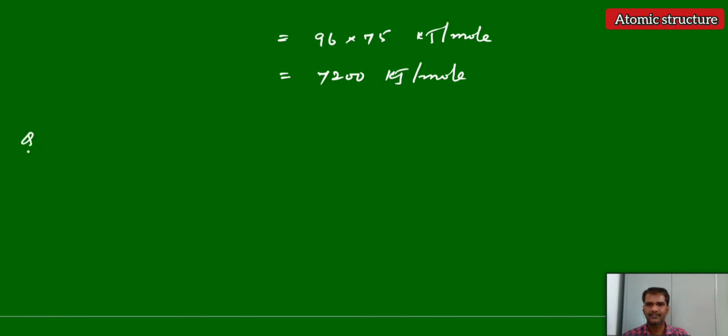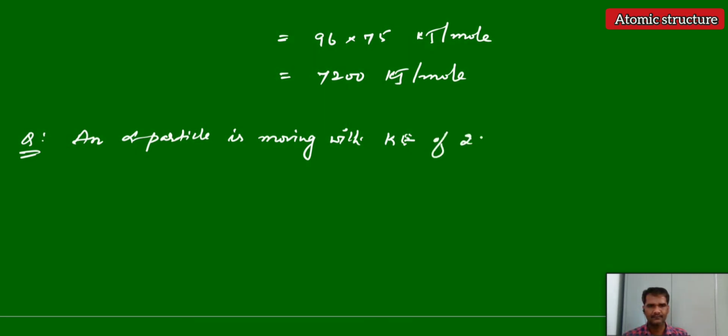Same similar question, one more. An alpha particle is moving with a kinetic energy of 200 electron volts.